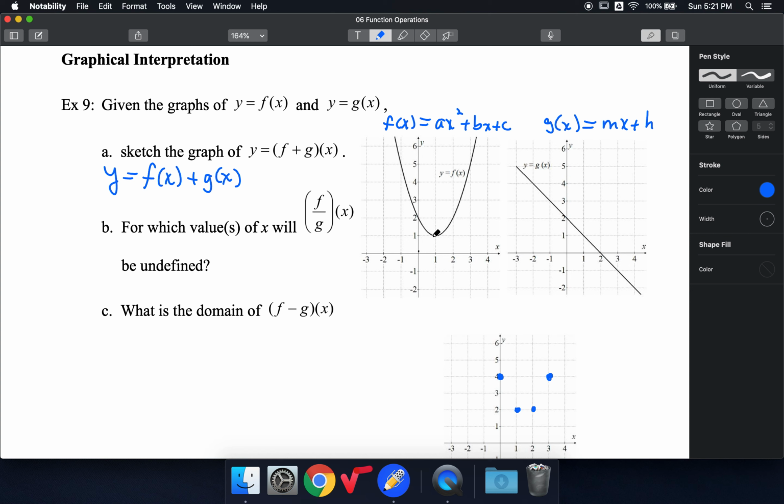So it's not just that this got shifted up in any way. It's that my function is being shifted a bit. So my new vertex is going to actually be at x equals 1.5. So let's see what happens there. At 1.5, I have a y value over here that looks like it's about 1.5, but probably not really.